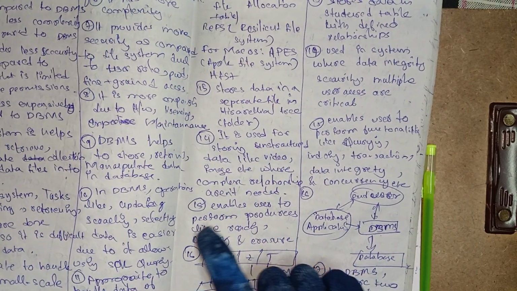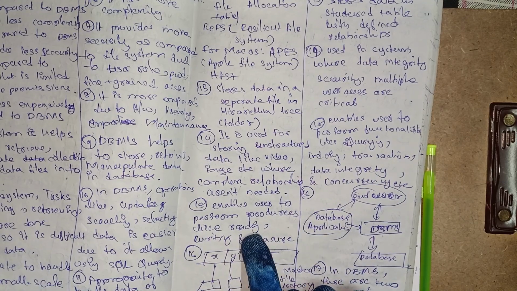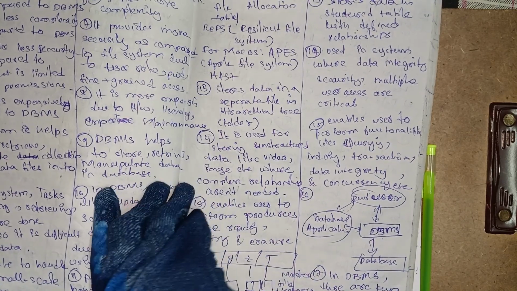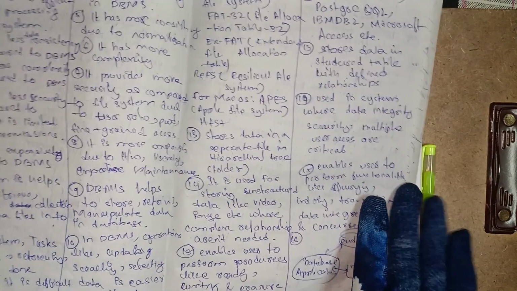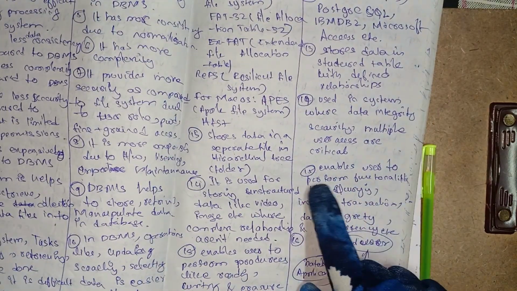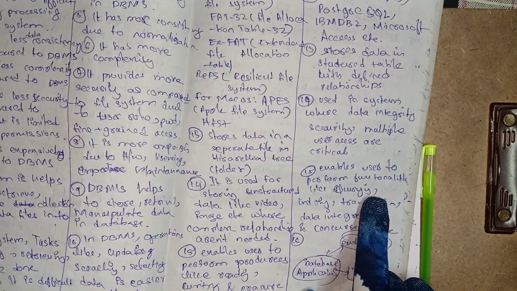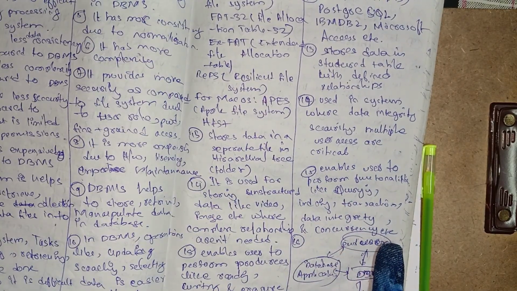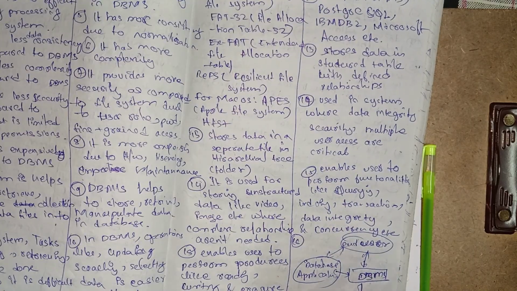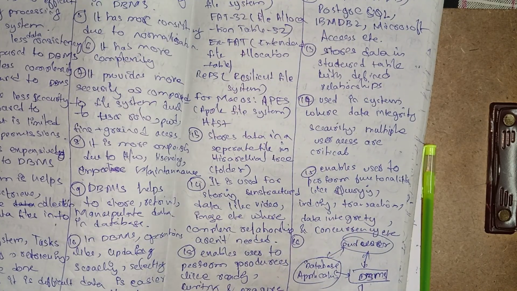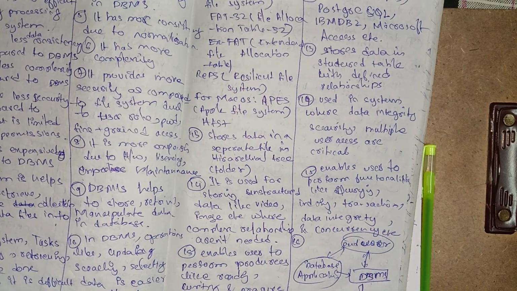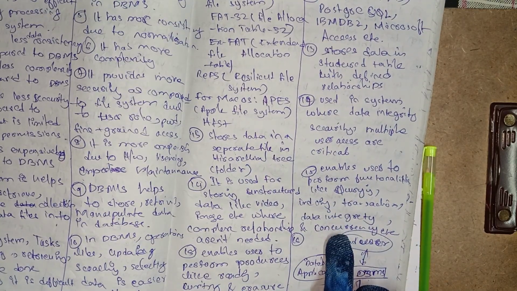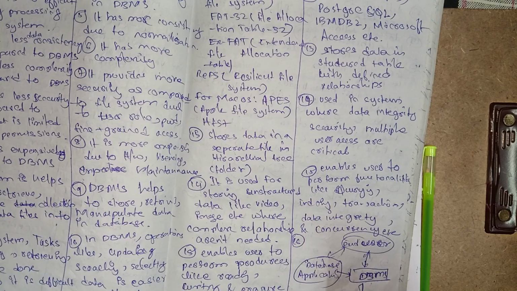The file system enables users to perform procedures like reading, writing, and erasure. And here DBMS enables users to perform functionalities like querying, indexing, transactions, data integrity, and concurrency, etc. Querying, we already know, means retrieving or modifying any data. Indexing is to access particular data.